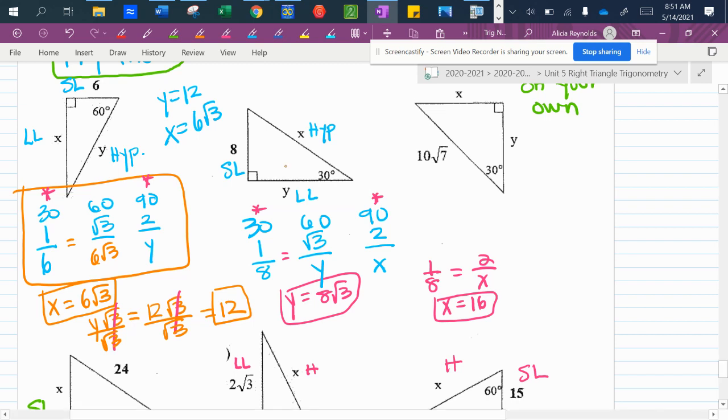So this is the long leg, 8 root 3, and the hypotenuse is 2 times the short leg, 16. The hypotenuse is 2 times the short leg, and the long leg is the short leg times the square root of 3. It's just a pattern that we have to get in the flow of memorizing.